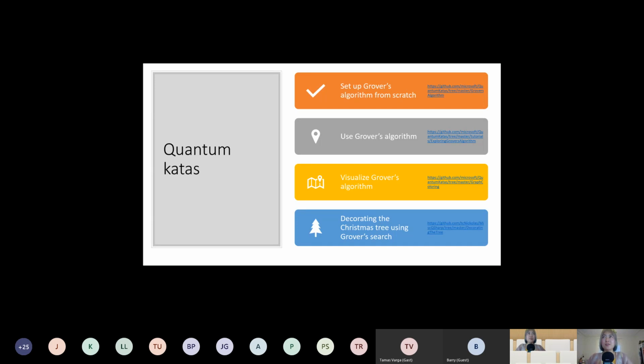We also have an analogy by my colleague about Santa Claus trying to find the right gift for the kids from the bag, but all of the gifts are randomly ordered, and he needs an algorithm to find the exact right gift. So that's the kind of examples that Grover's can help.